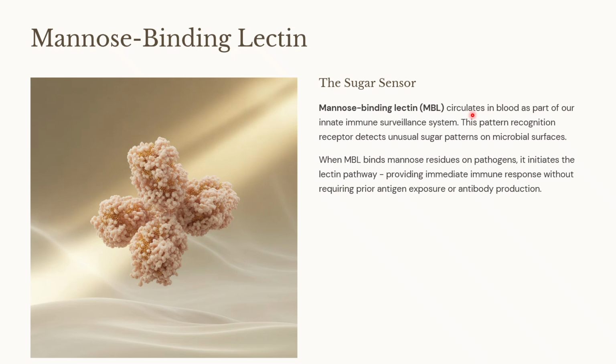It will recognize the unusual sugar patterns on the microbial surfaces, because the unusual sugar will be a mannose residue on the pathogen. The mannose binding lectin will bind with the mannose on the pathogen. It initiates the lectin pathway, providing immediate immune response without requiring prior antigen exposure or antibody production.